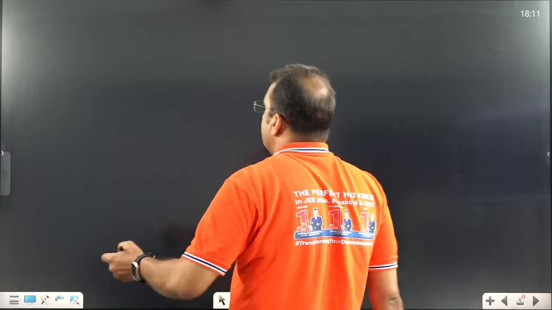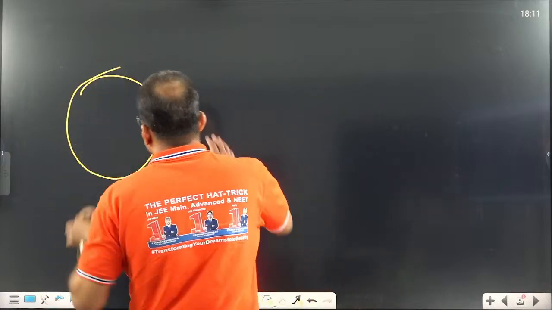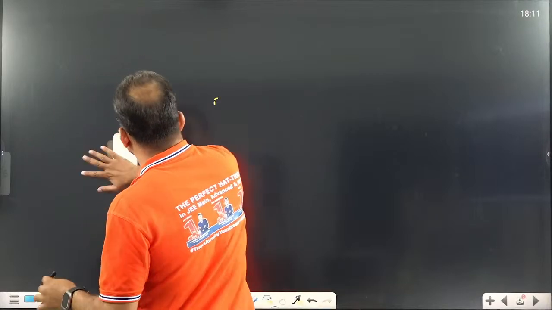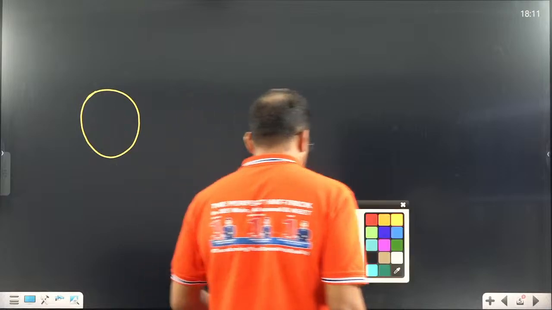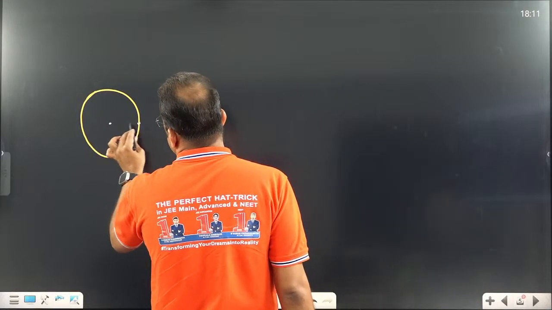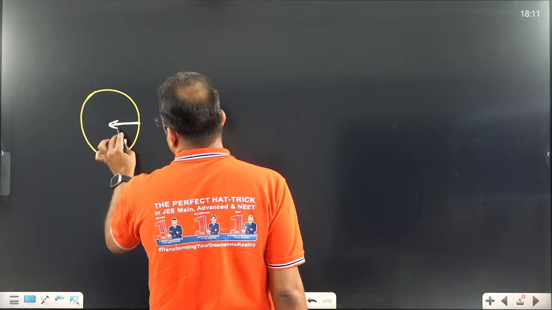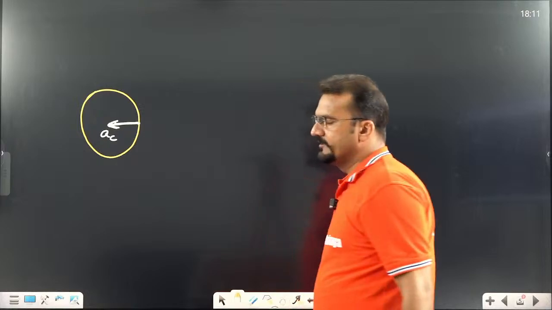Now, if we represent all the accelerations together, let us see how these accelerations affect the circular motion. Let us assume this is circular motion. One acceleration is towards the center, due to the change in direction of velocity. This is denoted by AC.